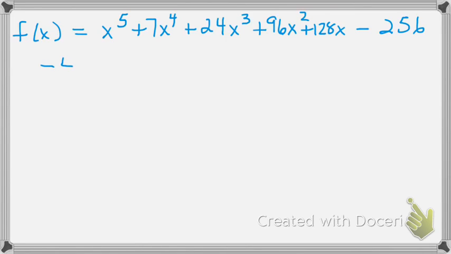Negative 4 and 1, either one of them a bouncer? Negative 4 is, and 1 is not. Did either one of them flatten out? No. One goes straight through, doesn't necessarily flatten out. So same situation, we would do synthetic division with that.